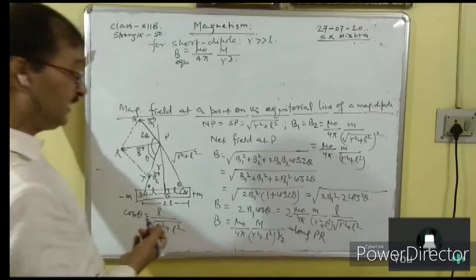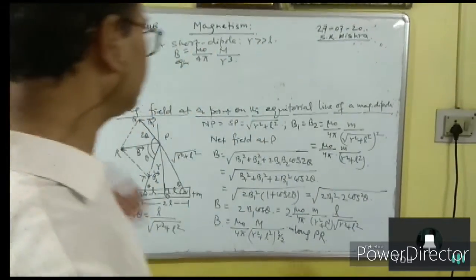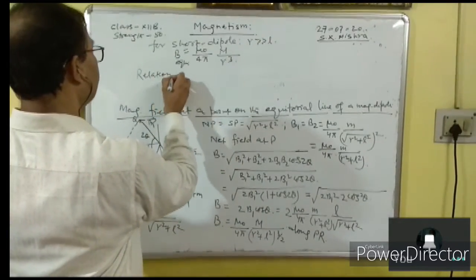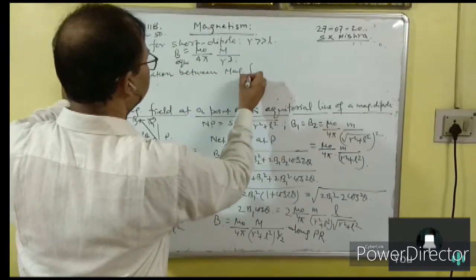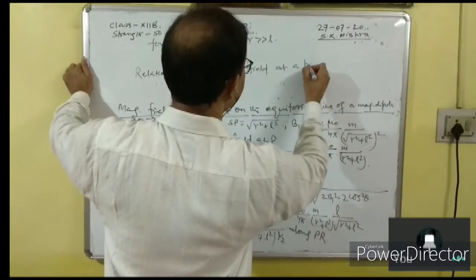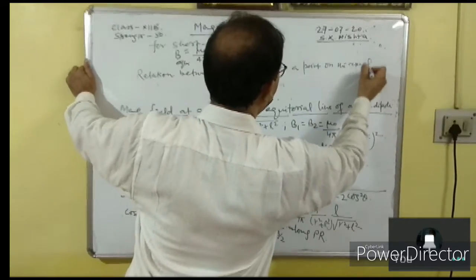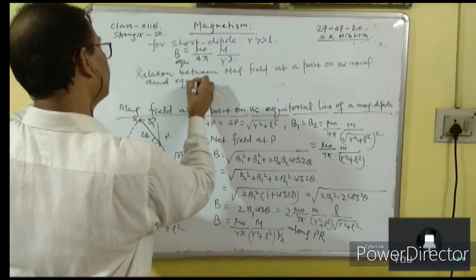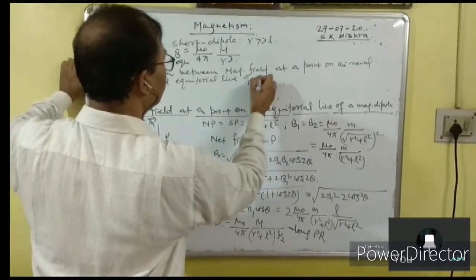From this right angle triangle, cos theta is base by hypotenuse. So in the right angle triangle, cos theta is L by the hypotenuse, which is under root r square plus L square. So now replace this cos theta with L by under root r square plus L square.